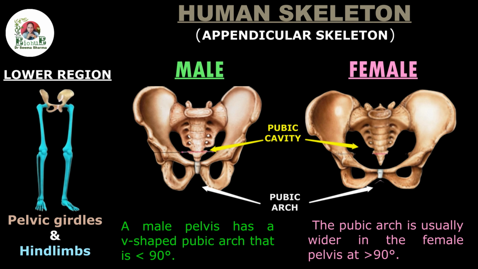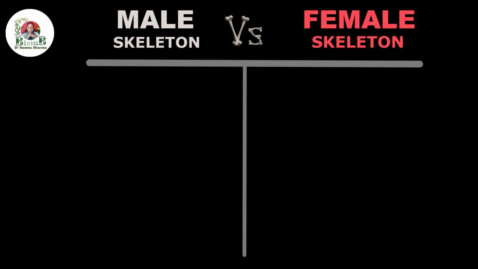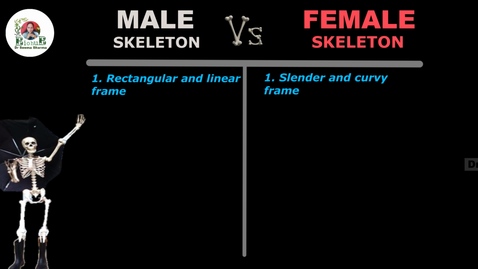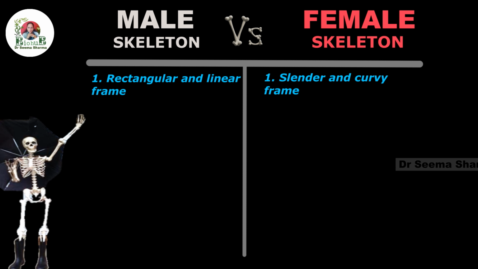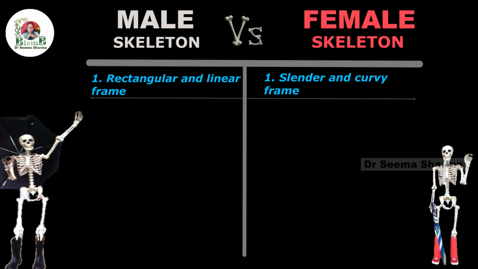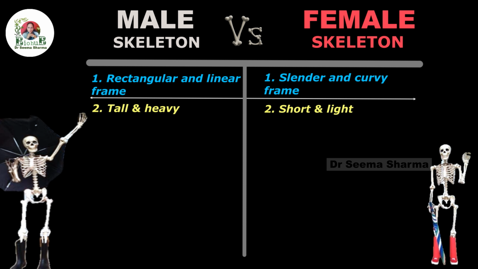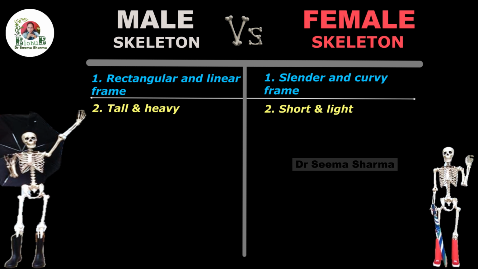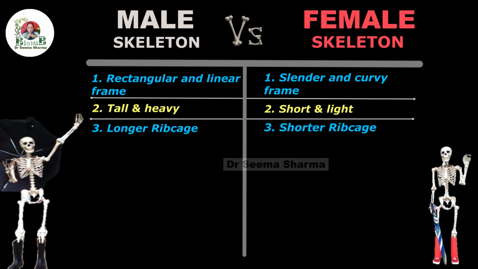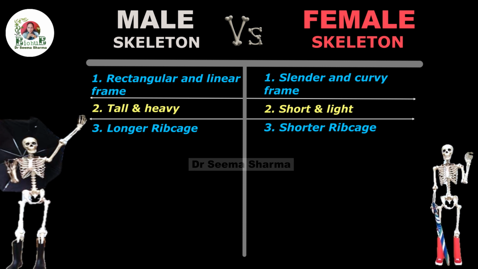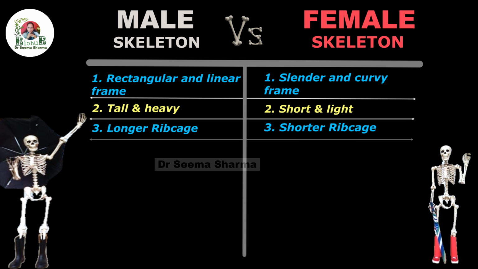Let's tabulate those also. Male skeleton is rectangular with linear framework. On the other hand, female skeleton is slender and curvy. Male skeleton is tall and heavy. Female skeleton is short and light. Male skeleton has longer rib cage, whereas female skeleton has shorter rib cage.